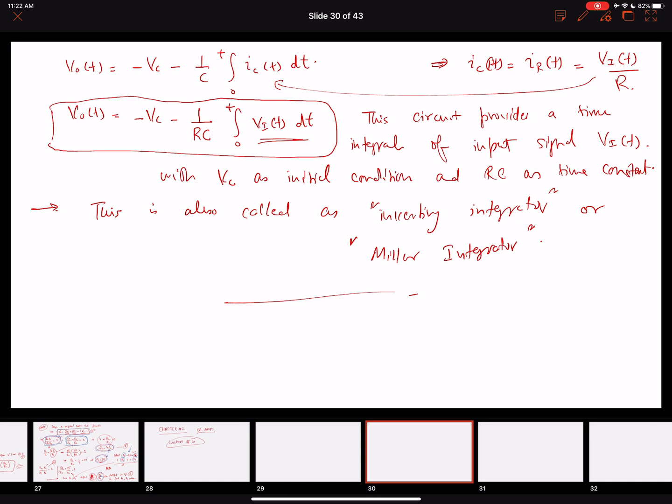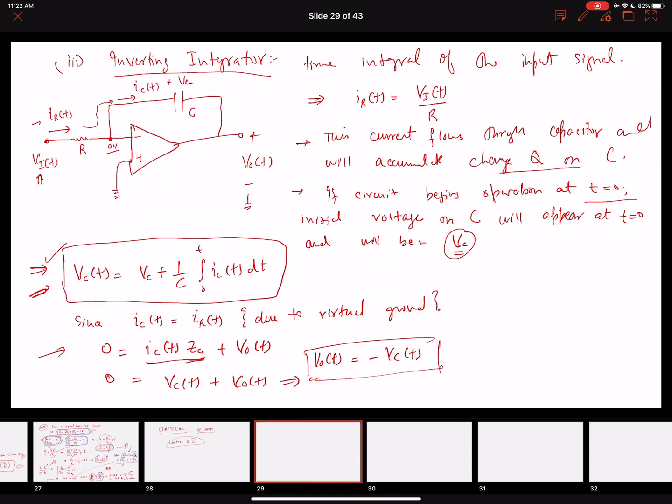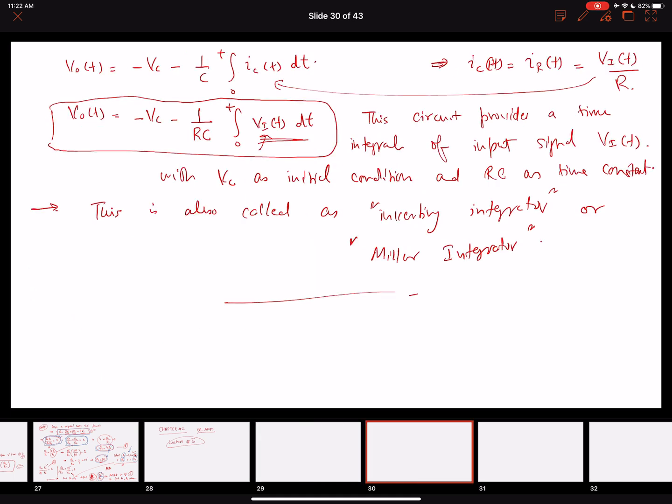All right, so this is what we have discussed by far, that we can use this inverting configuration and find the time integral of the input signal VI of t. We developed the circuit in which, rather than using a resistor in the feedback, we connected the capacitor in the feedback. And we found that our output voltage will equal minus VC.